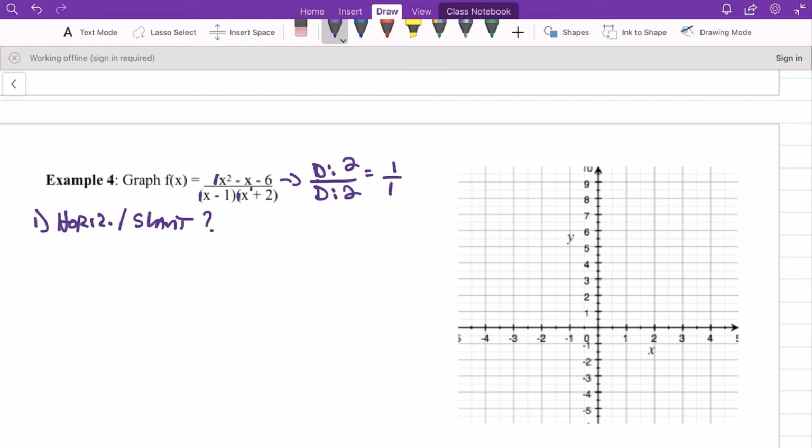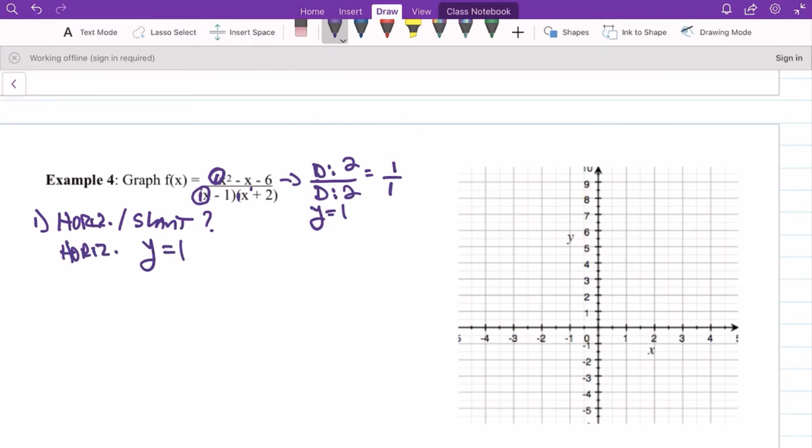So your asymptote would be a horizontal asymptote at y equals 1. If the degrees are equal, you take the lead coefficient. This is what I went over in video number 2. You take the lead coefficient of the numerator and the lead coefficient of the denominator, and it's going to create a horizontal asymptote, y equals 1.